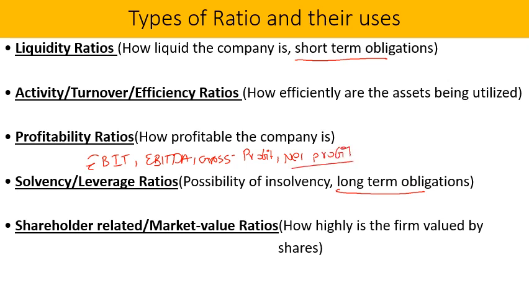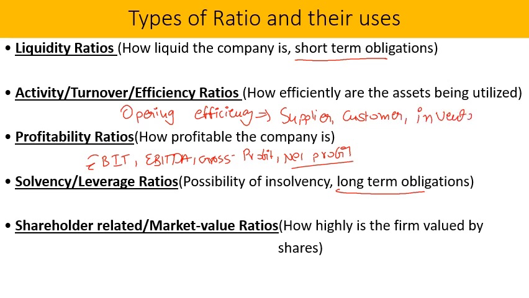In the activity, turnover and efficiency ratios, we look at the company's operating efficiency. A company operates with mainly three stakeholders: one is the supplier, one is the customer, and one is the internal process, which mainly carries in terms of inventory. And last but not least, we will look at the stockholder-related ratios.